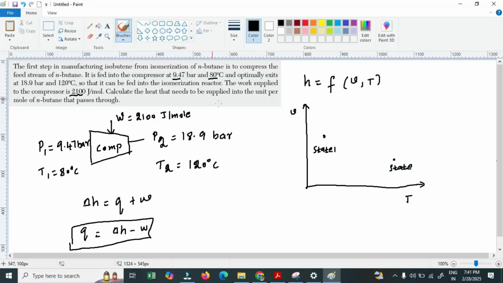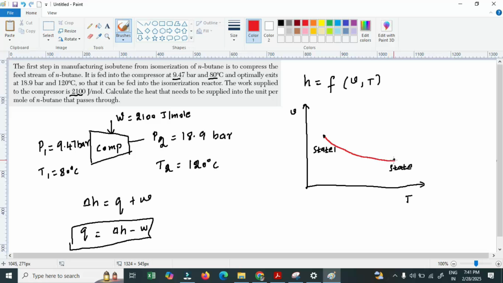Now I want to find this change in enthalpy. For that, we know that enthalpy change can be determined by using the basic formula del H equal to integral of Cp dT from temperature T1 to T2.